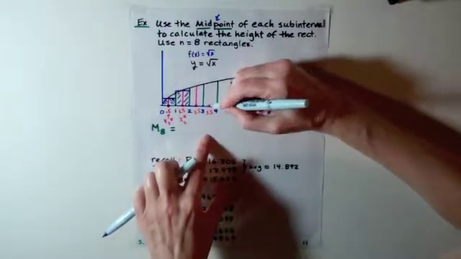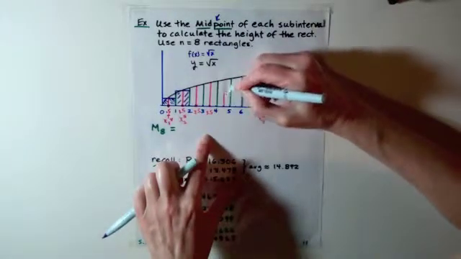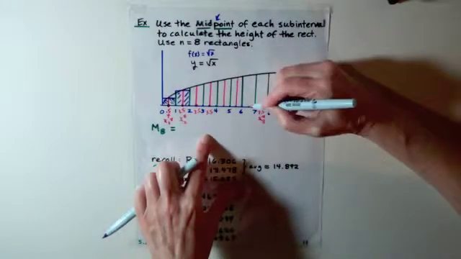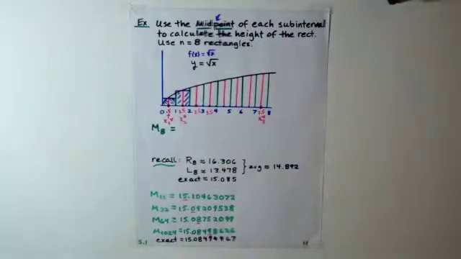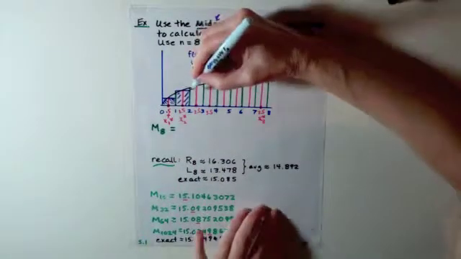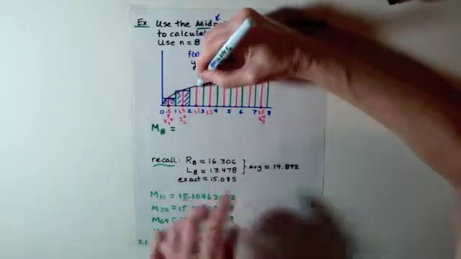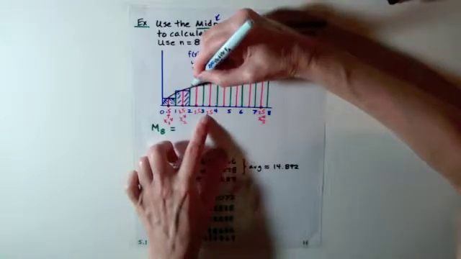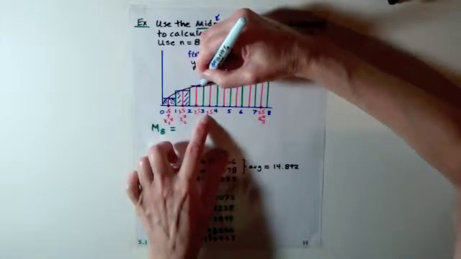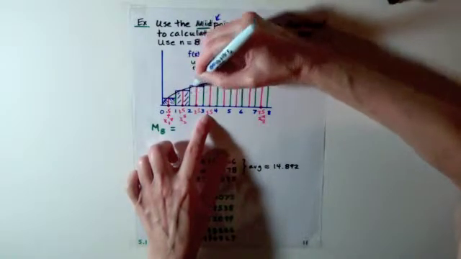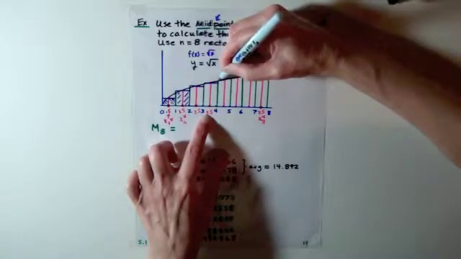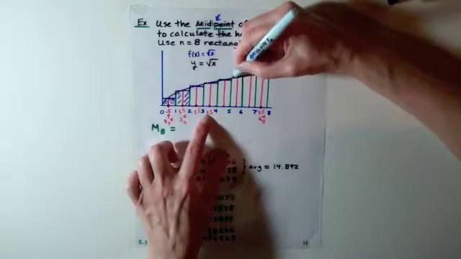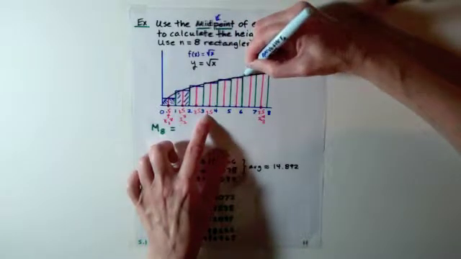I choose the midpoint to create the heights of my rectangles, and I'll just quickly draw in those red heights. And then just make sure when you draw your rectangle that it has this red height but stretches from the left to the right side of that original strip that we had that's bounded in green. So my rectangles will look something like this. I'm trying to make the tops horizontal.